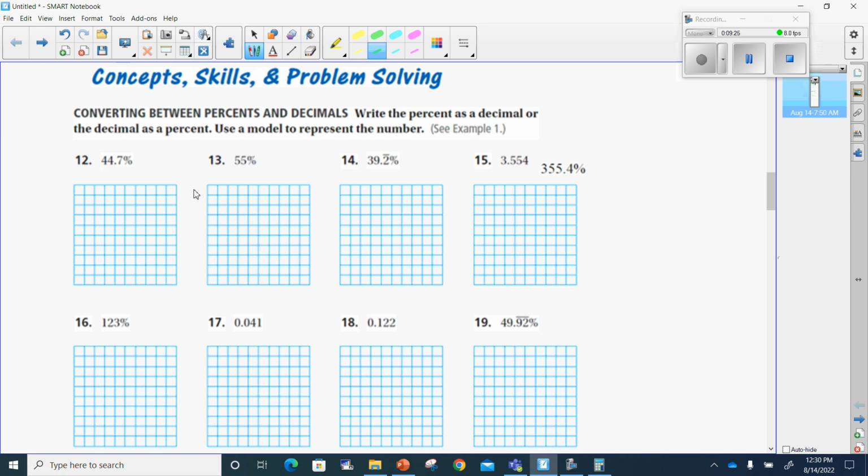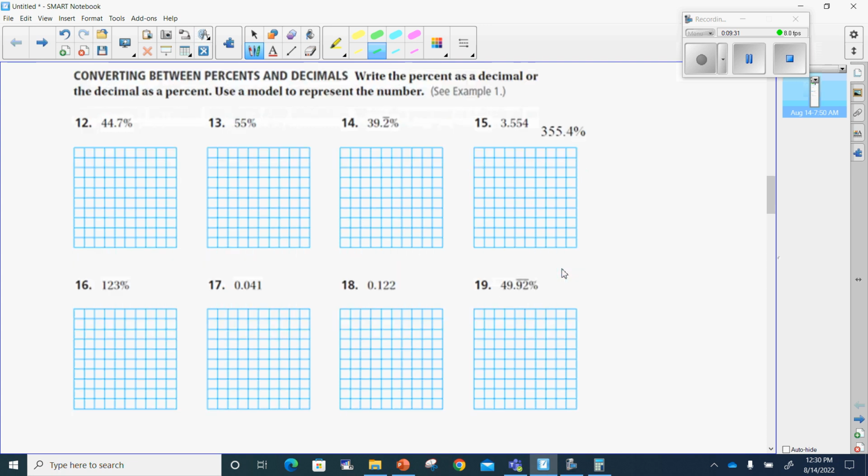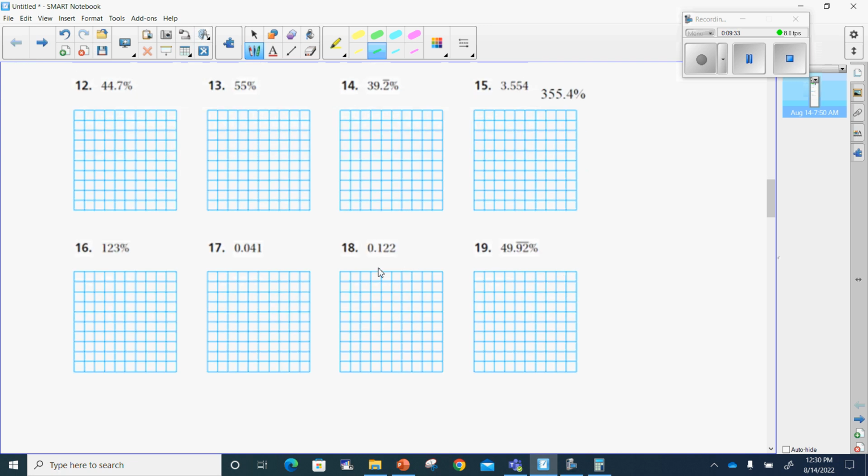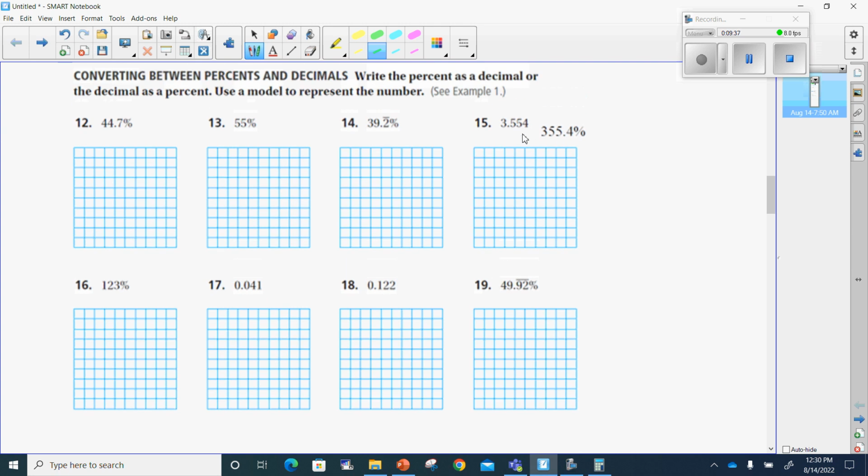I'll show you how to do number 12 and number 14, and that should make it easy for you to do the rest. In fact, let me do one of the harder ones here. How about I do number 14, and then I'll do number 16. That should cover all the bases for this.